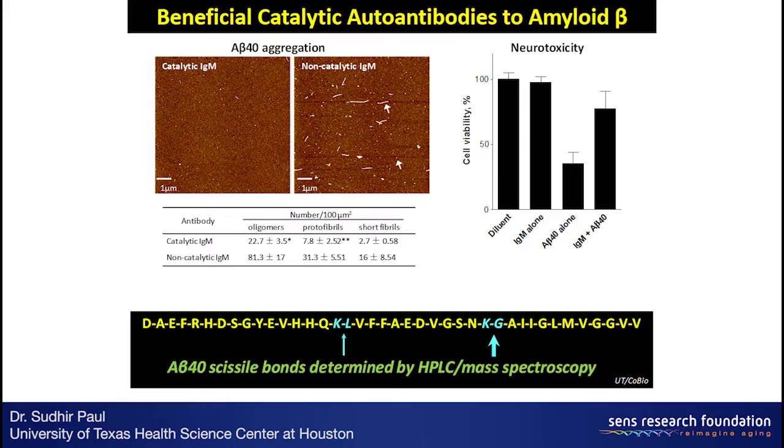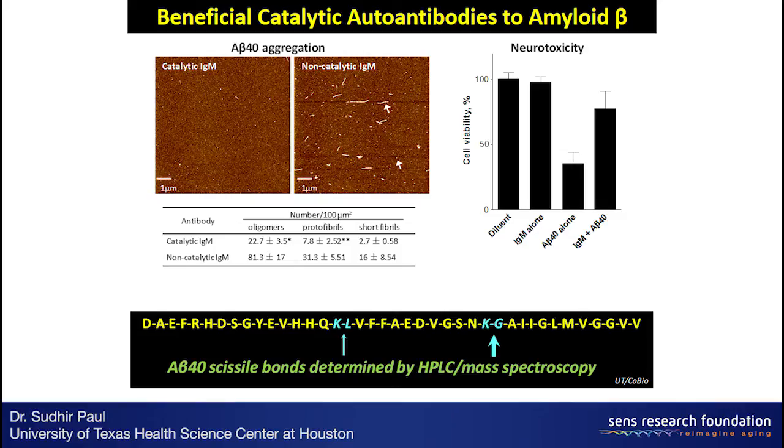So we and others now have found catalytic autoantibodies to amyloid beta peptide of the IgM variety, and I am showing in this slide atomic force micrographs of non-catalytic IgM treated with fibrils, and the little dots here are the oligomers of amyloid beta peptide.